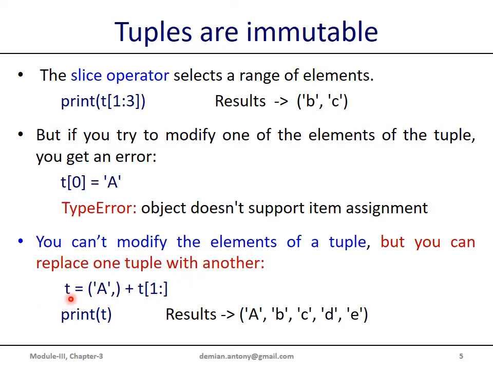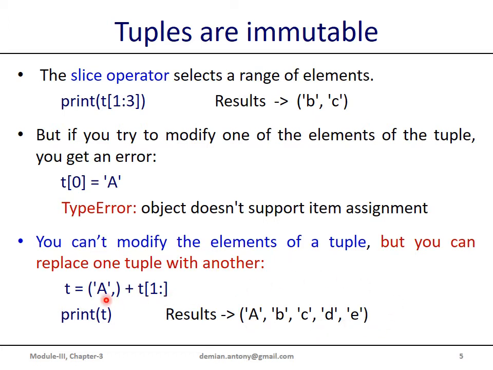We have a tuple t with 6 elements: a, b, c, d, e, f. The first letter a is a small letter, and I want to replace it with a capital A. What I need to do is create a tuple with one element, A, followed by a comma, and then take a slice containing the elements from index 1, that is, the second element onwards. This will create a tuple like this: capital A and b, c, d, e, and so on.